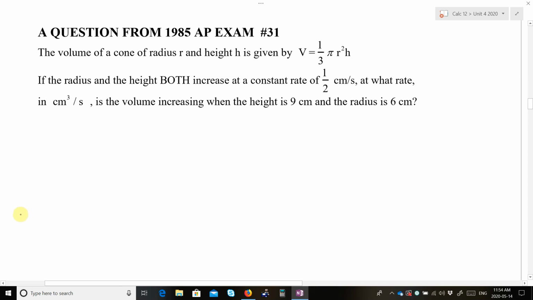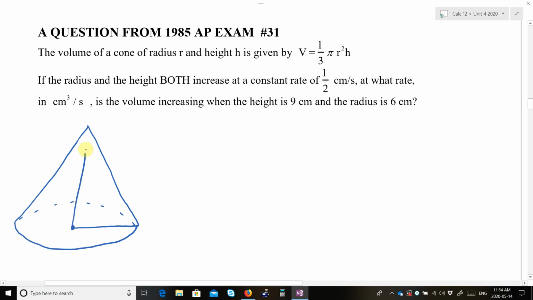Okay, so let's draw a cone here. Radius, height.